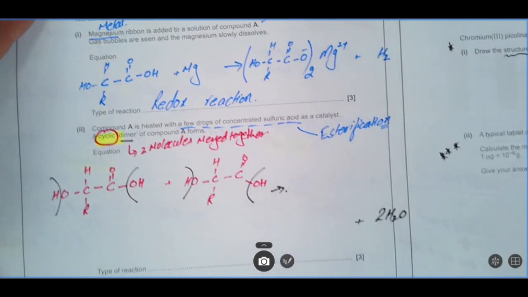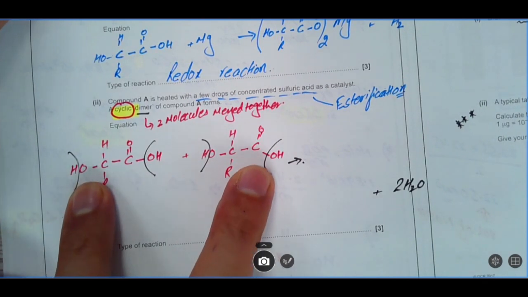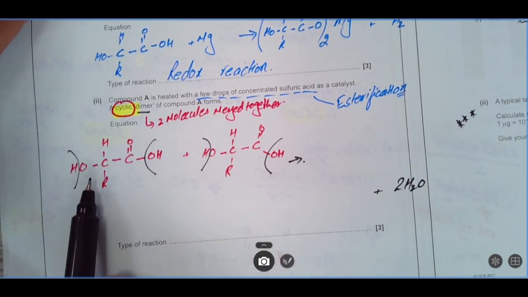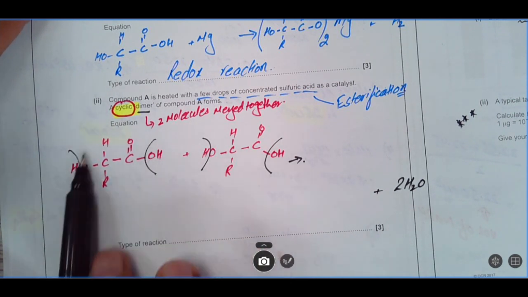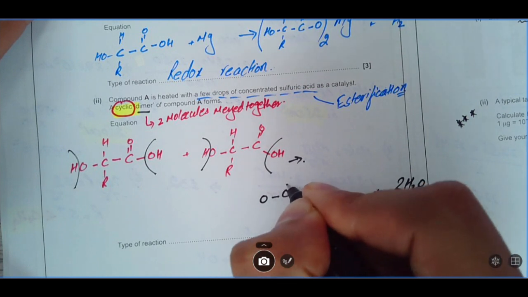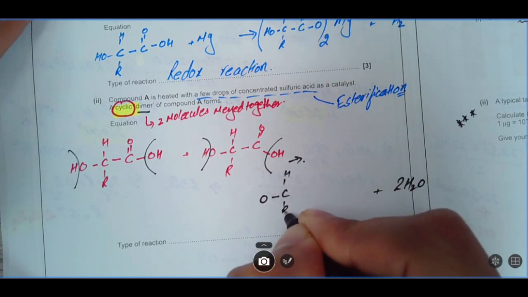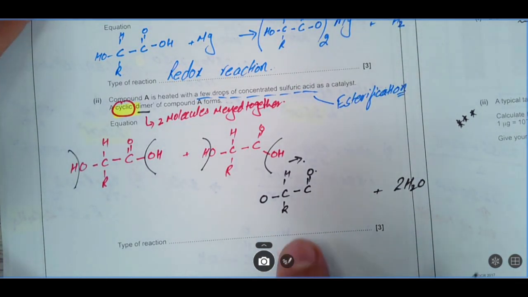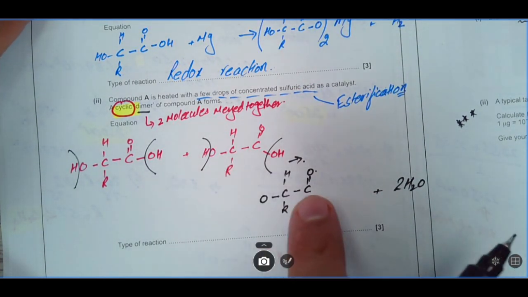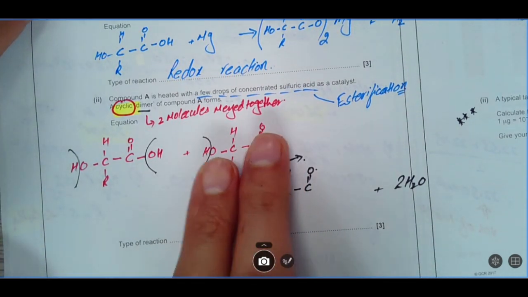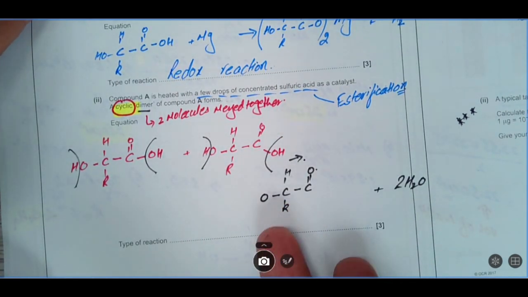I need to find a way of writing it together in the form of a cyclic structure. So if I start from this molecule and copy this whole thing first, it will be O-C-H-R-C double bond O. And now below this molecule, I'll copy this molecule, but I will pick it up from here and flip it and put it over.